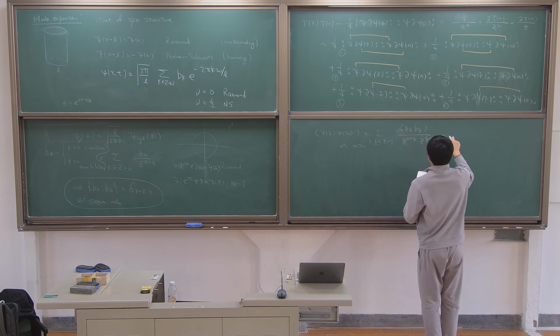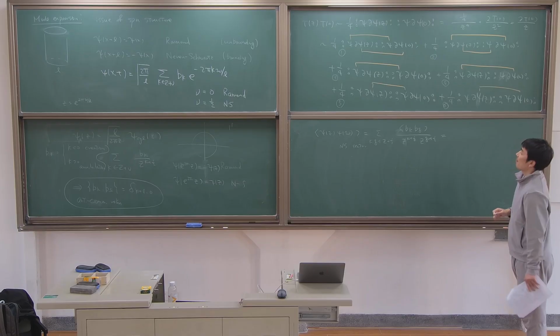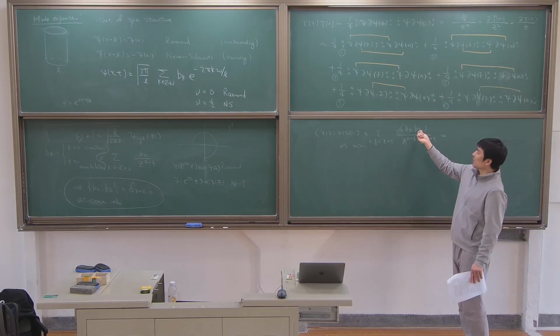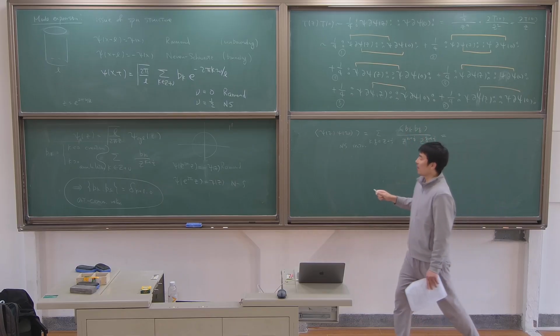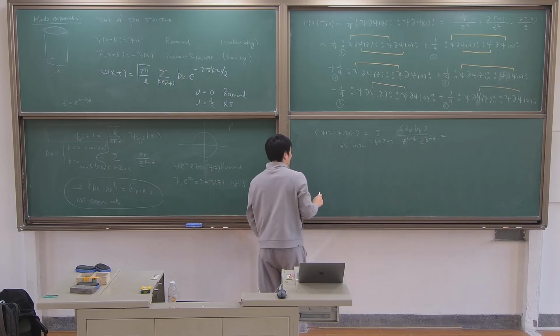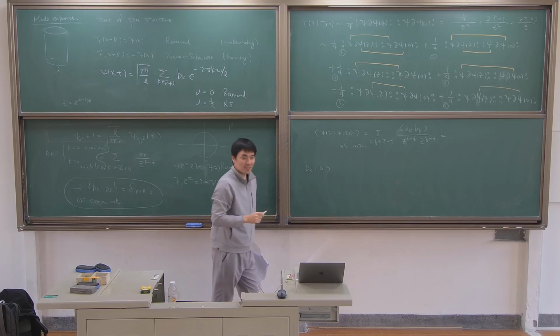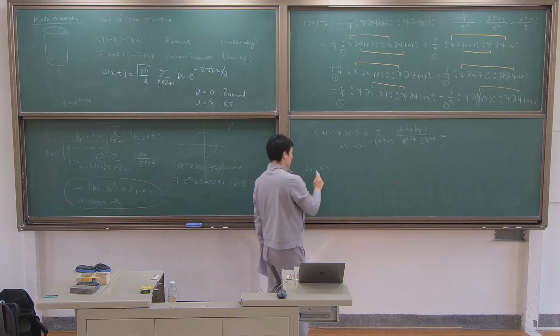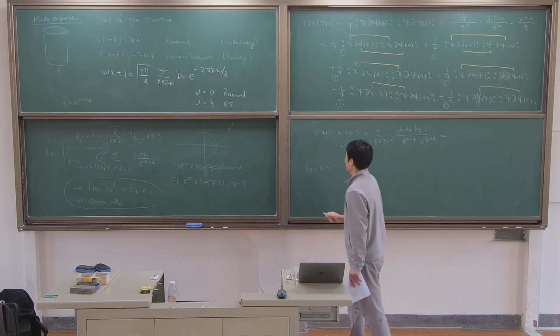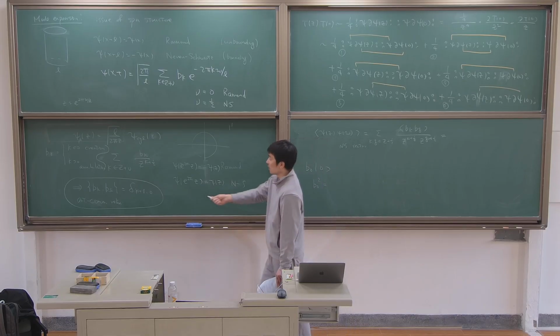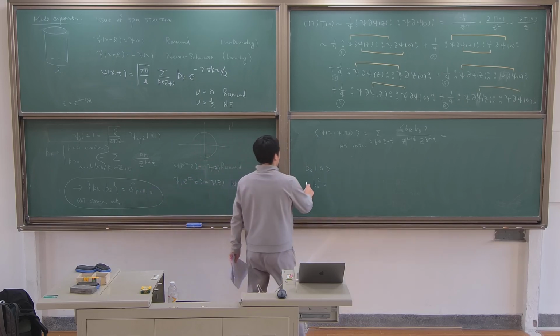So we know the vacuum is annihilated by B_k for positive k. You have to be careful about how B0 acts on the vacuum. This is the most important one, because B0 squared, if you do the computation, is equal to 1, right?